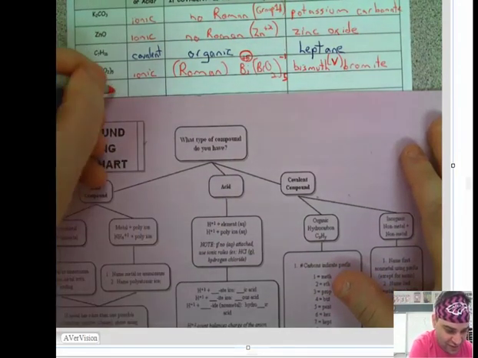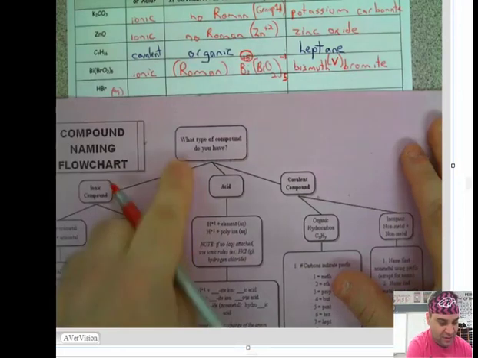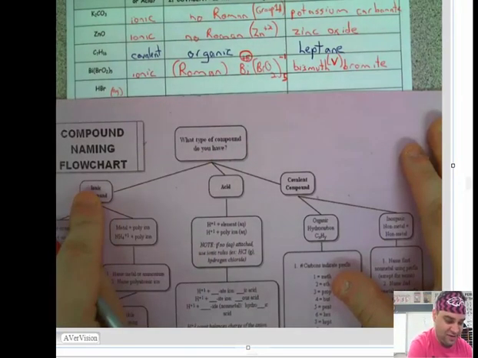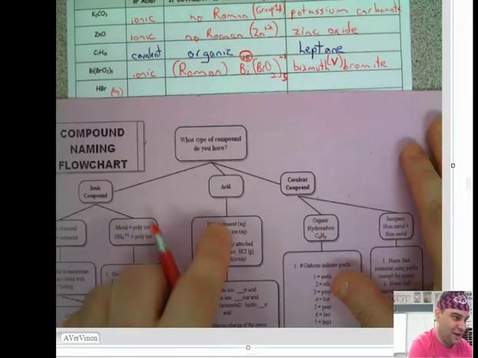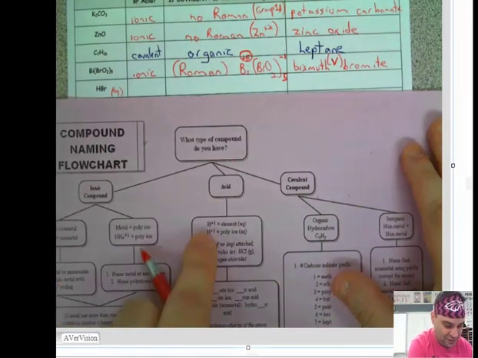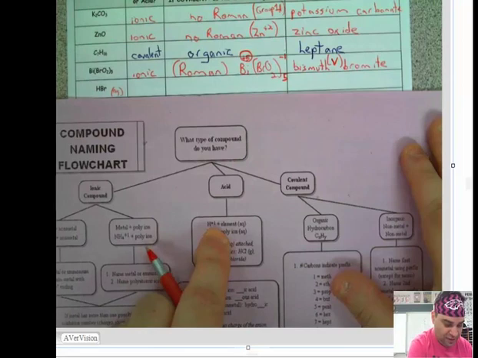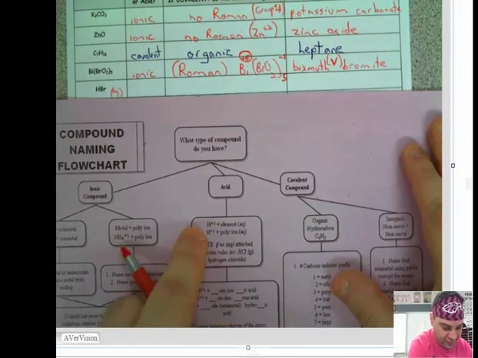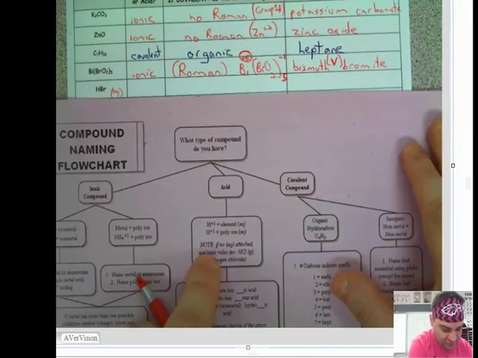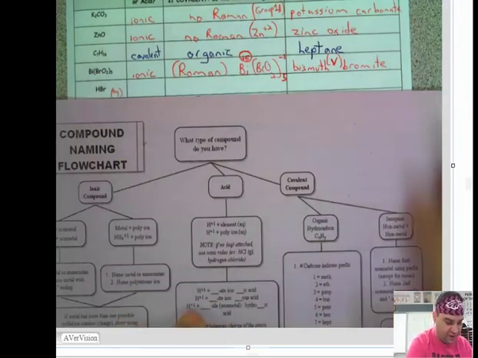HBr, this is supposed to have an (aq) after it. What type of compound do we have? It's not ionic, it's not a metal. Covalent, nope, we're in the acid range here, so we have to look at our acid rules. Is it H plus an element or H plus a polyatomic ion? This is H plus an element. And I have to have the (aq) to have it be an acid here. For H plus an element, it's not "ate" because that's polyatomics. It's not "ite," that's polyatomics.